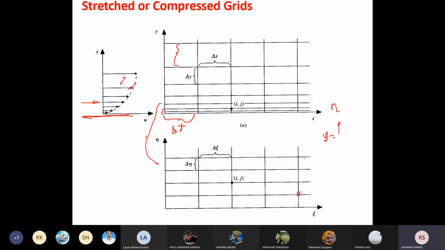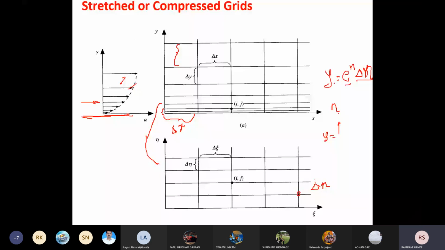Delta eta is constant, but when we increase eta, you have the relation delta y is equal to e raised to eta into delta eta. Delta eta is constant, but because of this, we are getting an increase in delta y. You can see delta y, not y.